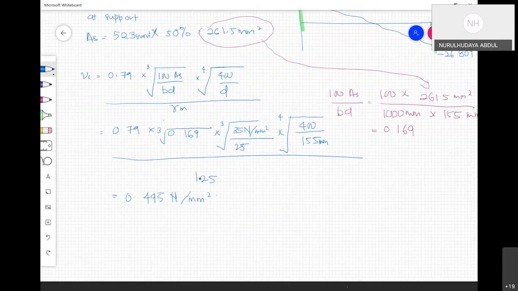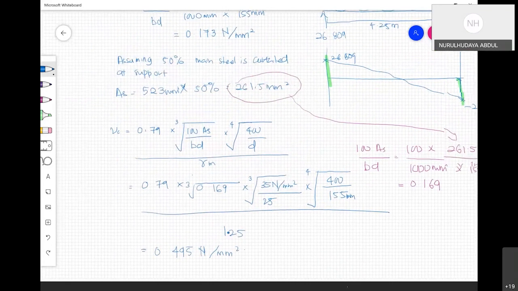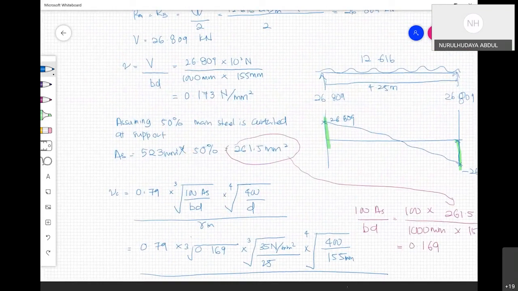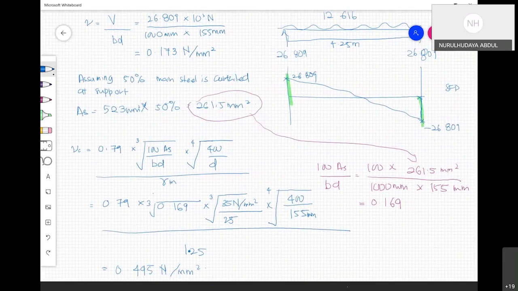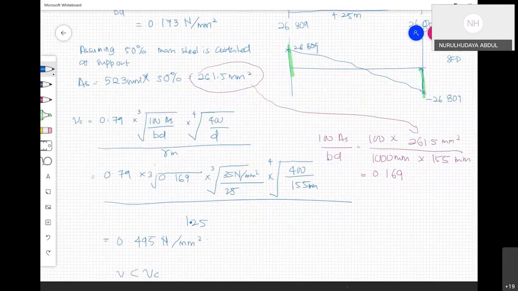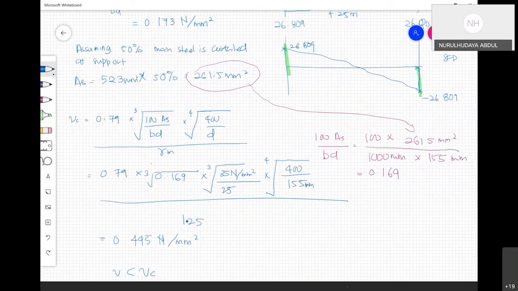Okay, so apa yang kita buat lepas tu, kita akan compare lah. Okay, kita dah ada our V which is 0.173. And then kita compare dengan VC ni. So obviously V kita memang less than VC. Okay. V kita kecil which is 0.173 ni lagi kecil daripada 0.495.